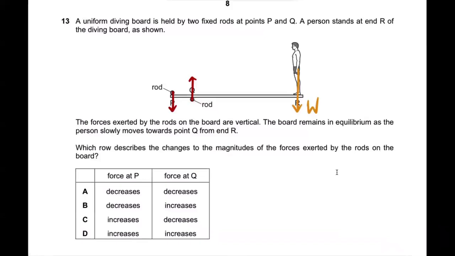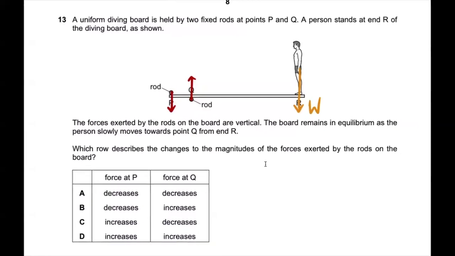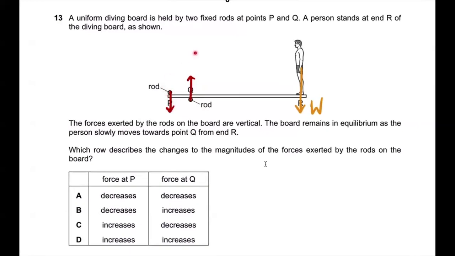Okay, now let's see this. The board remains in equilibrium as the person slowly moves towards Q from R. So now the person is moving here, right? It might be very obvious that Q is what I can pretty conveniently take as the pivot, because the board is trying to pivot about Q, right? So this end is going to go up about this point.